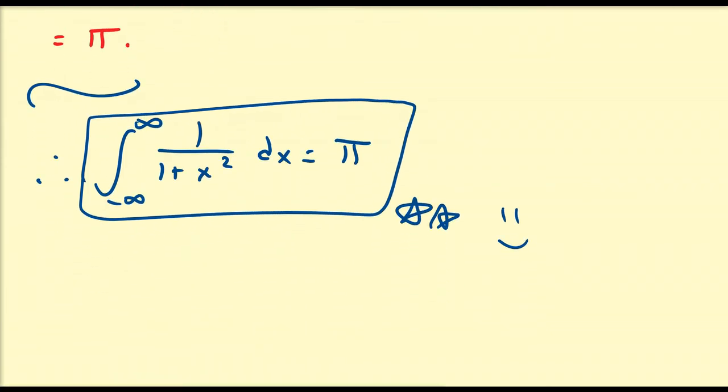Now remember, this can only be applied if the function is continuous on the interval of interest and either one of the limits is infinite. If the limits are finite and the function attains infinite values at those boundaries, then you have to approach it in a different way, which we'll discuss in the upcoming videos.